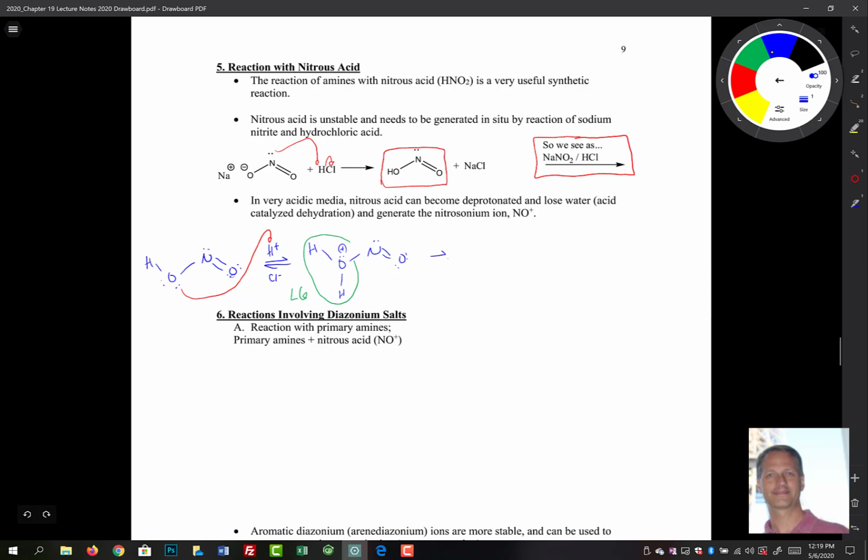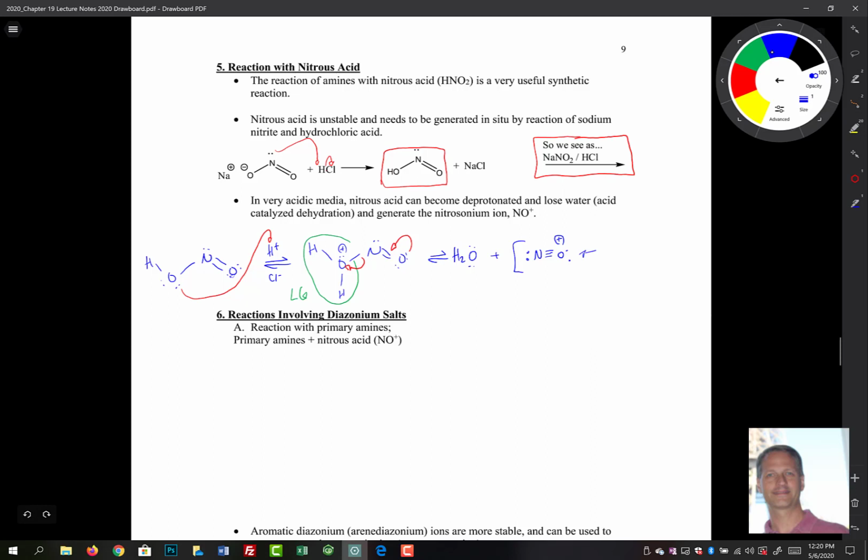So what happens next is that we have a set of electrons from our oxygen swinging down, and then we kick off those electrons to oxygen. That'll give us water, right? And then we're going to get a nitrogen, the lone pair, and 1, 2, 3 bonds down here to oxygen with a formal plus charge on it.